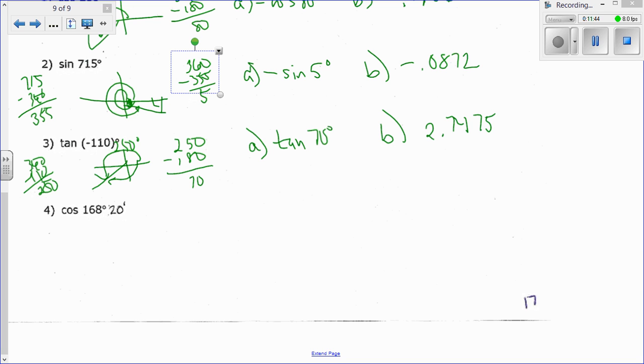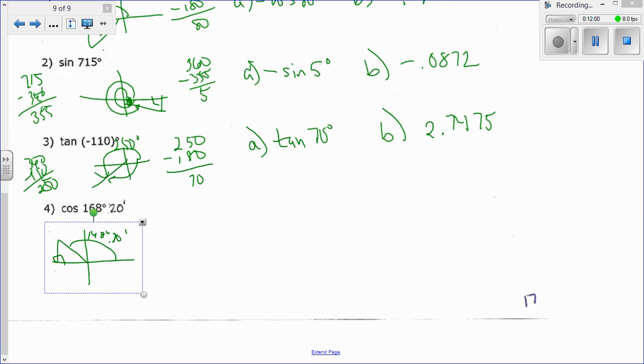Finally, I have the cosine of 168 degrees 20 minutes. Well, that puts me into quadrant 2. I draw my reference angle. This is the 168 degrees 20 minutes. So I need in quadrant 2 to say 180 minus 168 degrees 20 minutes.